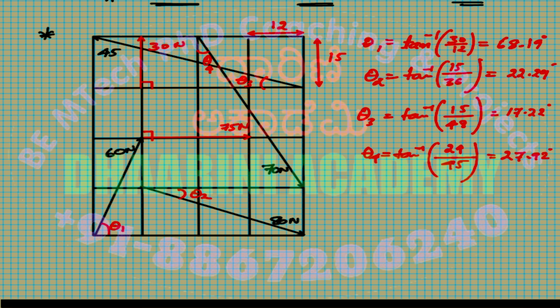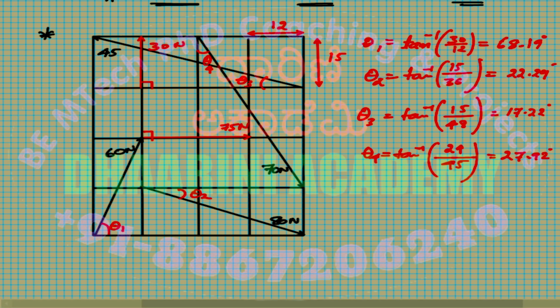Alright. Now we found the various angles. Now we can proceed in a very normal fashion to find sigma of Fx and sigma of Fy. Then we can calculate R and the theta of the resultant, using the normal fashion.